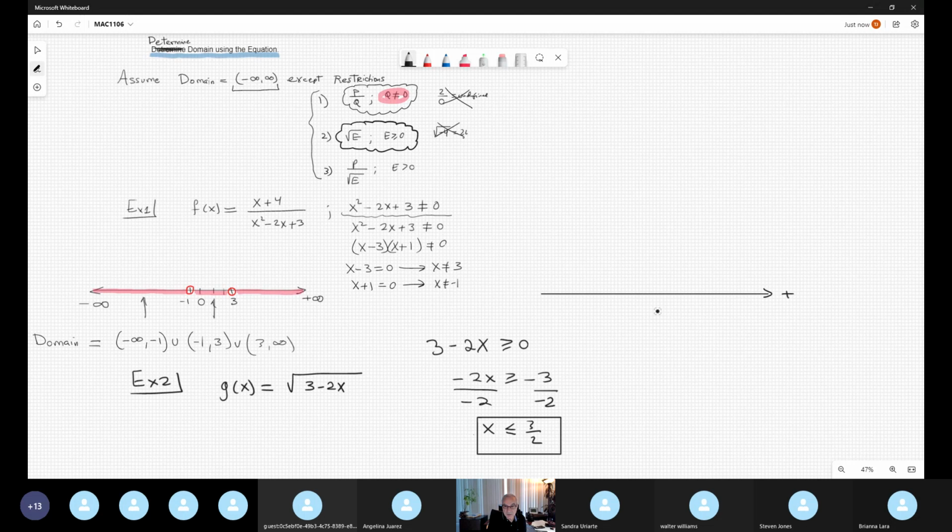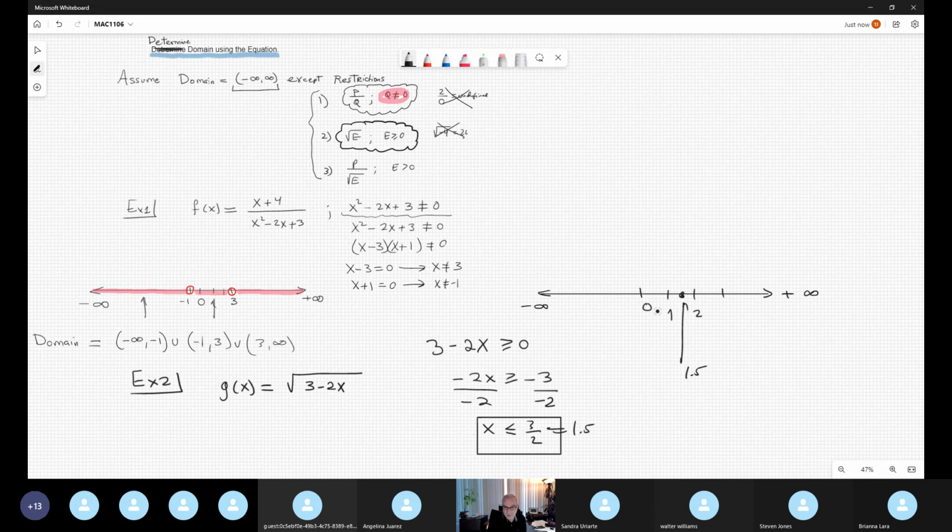Positive infinity, negative infinity. 0 in the middle. This is 1, this is 2, this is 3. But this 3/2 is 1.5. 1.5 is exactly the midpoint between 1 and 2 here.